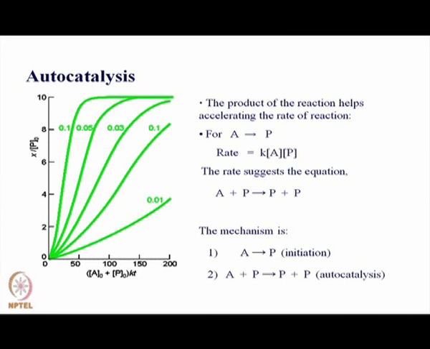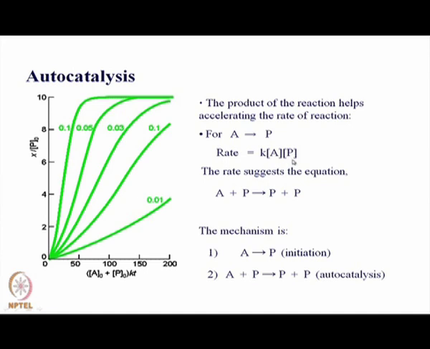So, A gives rise to product, and this product, along with A, is involved in the rate expression. This product is again used up. So, rate is equal to k into A into P. Initially, since product is very small, rate is small, that is, lower rate.